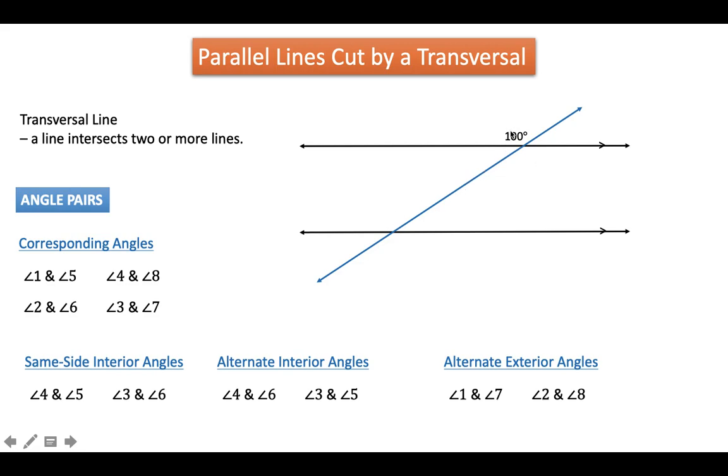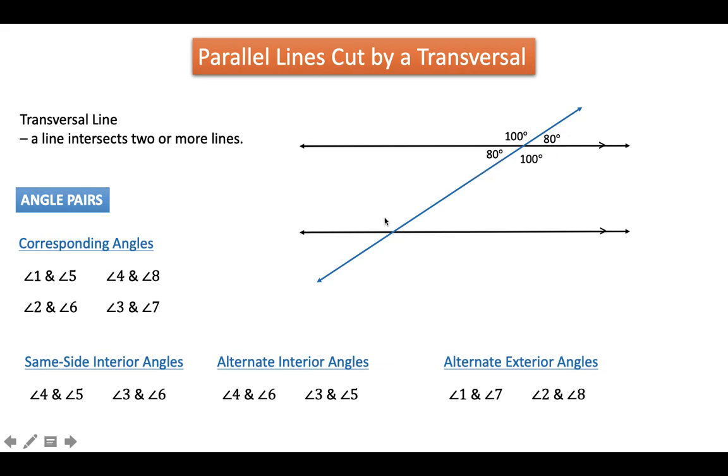If this is 100, its vertical angle is also 100 degrees. Since this angle right here is a linear pair to this angle, and linear pairs are supplementary, this should be 80 degrees for the sum to be 180 degrees. And its vertical angle here is also 80 degrees since they are congruent.